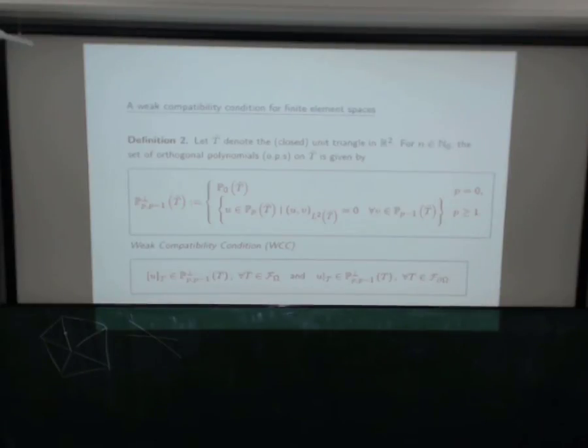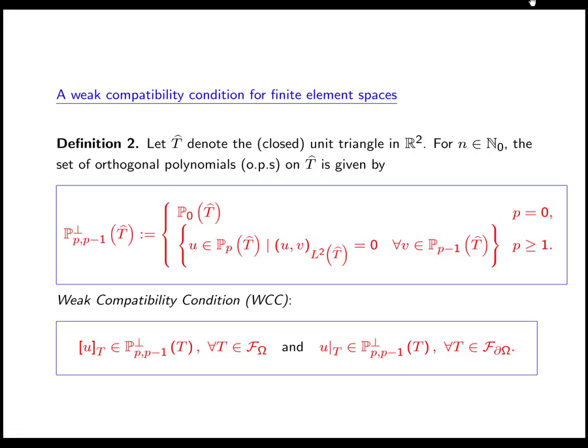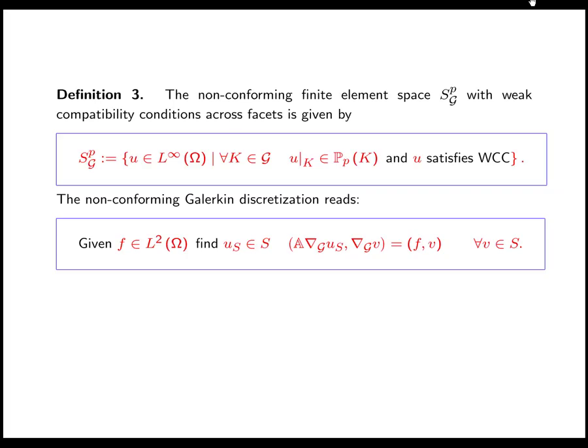The dimension is p plus 1. So on triangles, the dimension of the polynomials of degree p scales quadratically in p, but the subset of orthogonal polynomials, the dimension is p plus 1. So you have more, which makes the thing more interesting. Okay, so, and this is a definition of Crouzeix-Raviart.